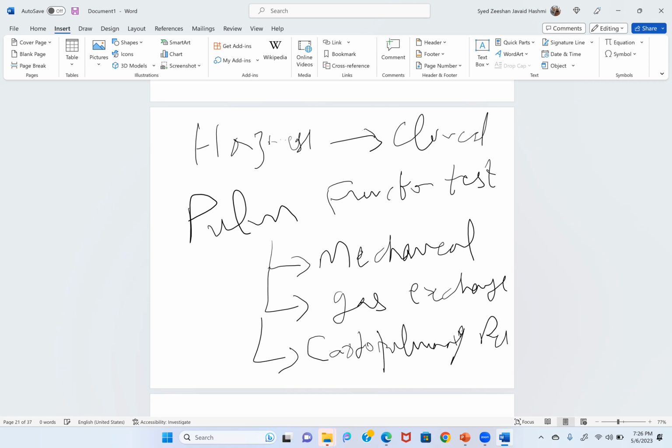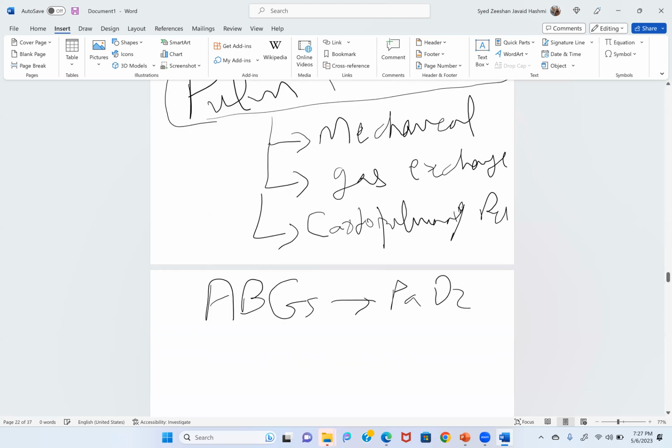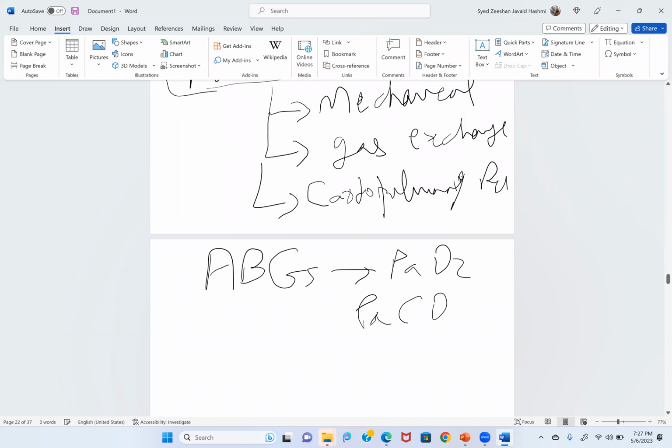If you see any opacity, you will be looking at gas exchange. How will you see that? With reference to ABGs. You will have a look at PaO2, PaCO2, bicarb, pH. These are the more important things to see whether gas exchange is occurring or not.